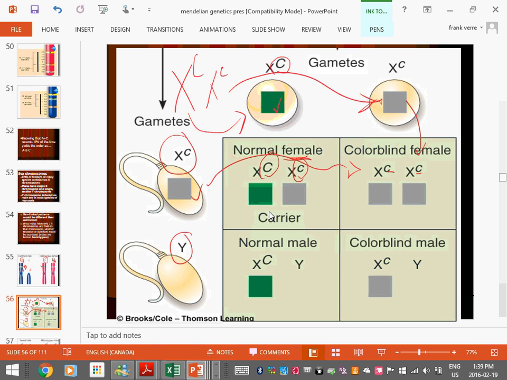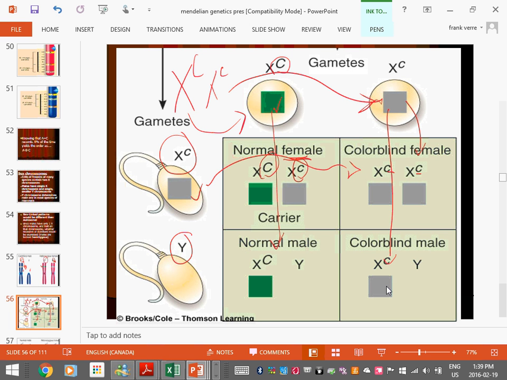So in this case, a male gets a normal X, or a male gets the defective X. You notice there's no such thing as a carrier male for this condition. Because a carrier is heterozygous, and a male can't be heterozygous because they only have one X chromosome. Either they have it or they don't.